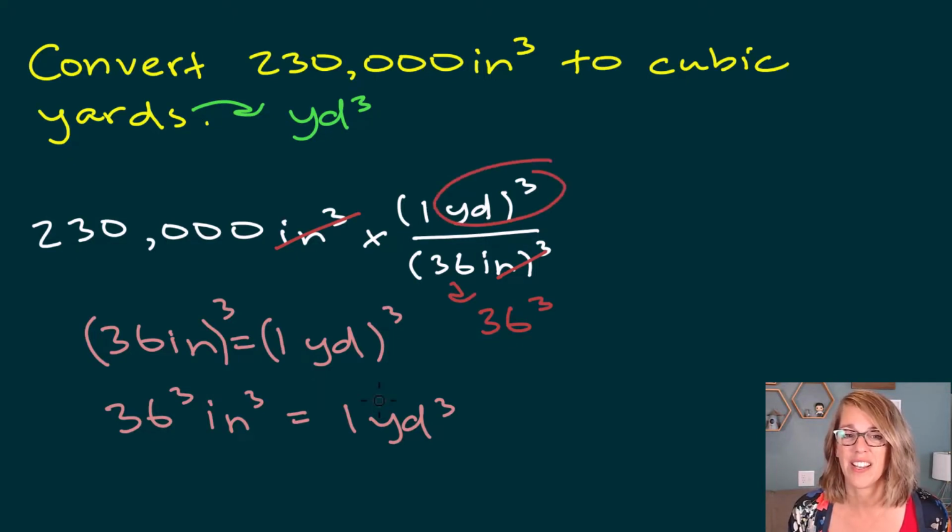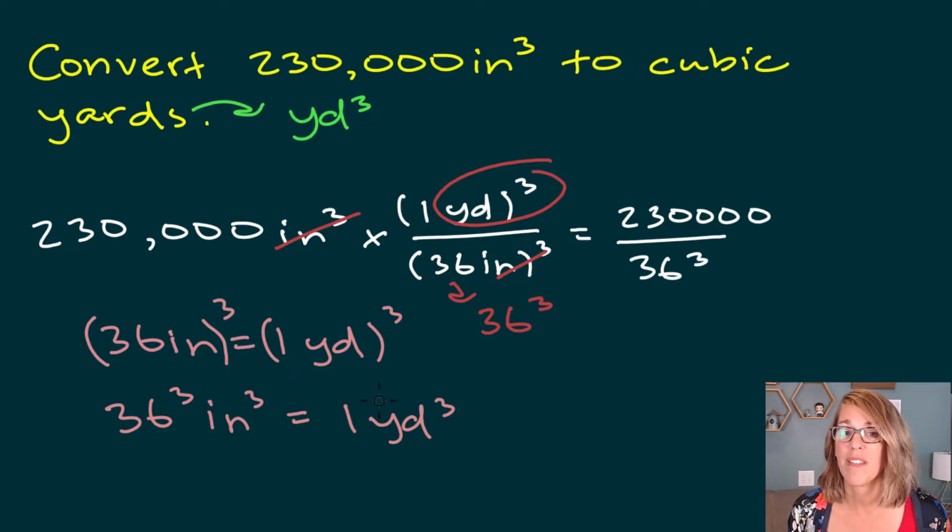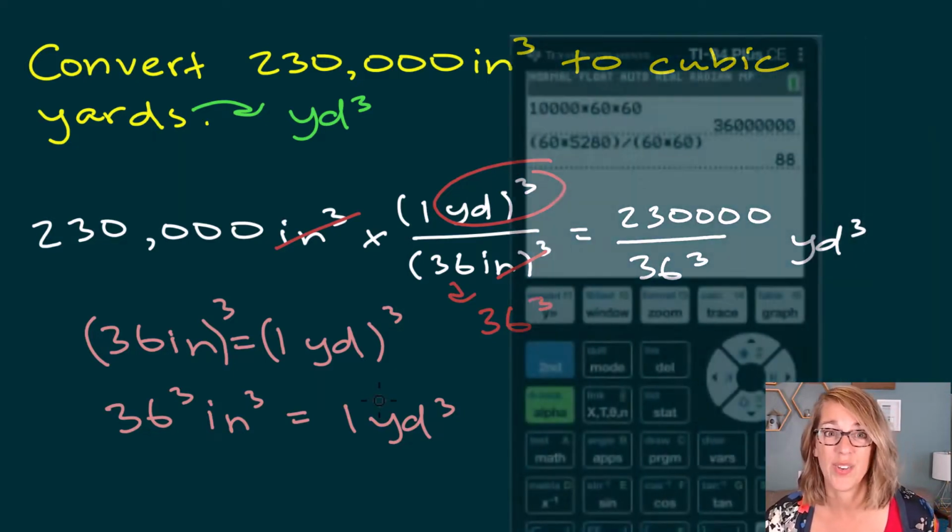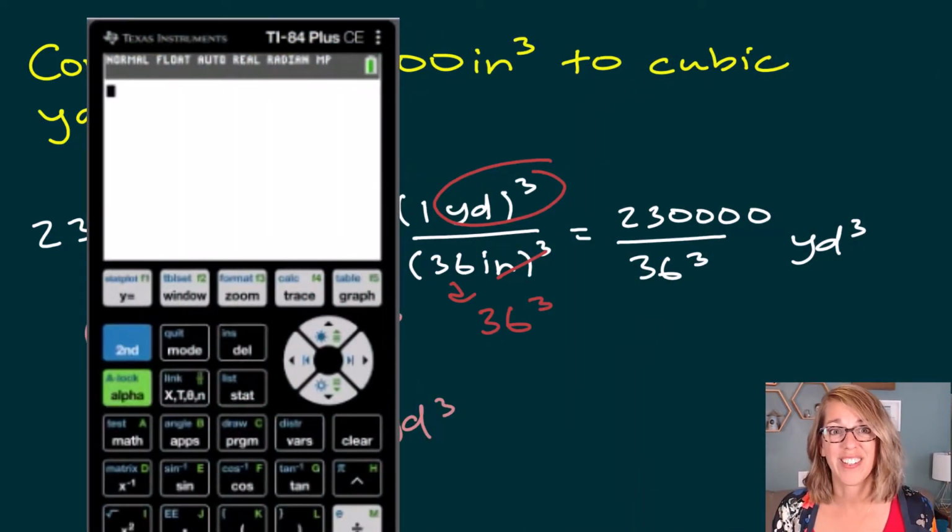So in my calculator, I need to take 230,000 and divide that by 36 cubed. And I know that my final units are going to be exactly what I wanted, and that would be cubic yards. Let's go ahead and put this into the calculator.